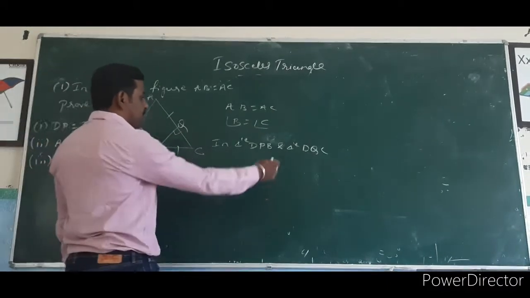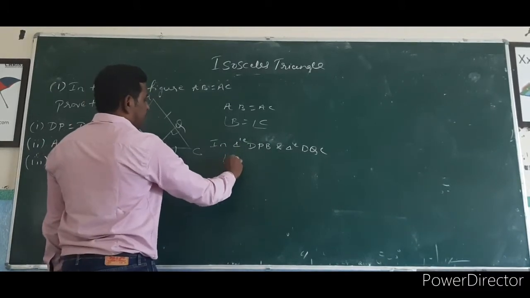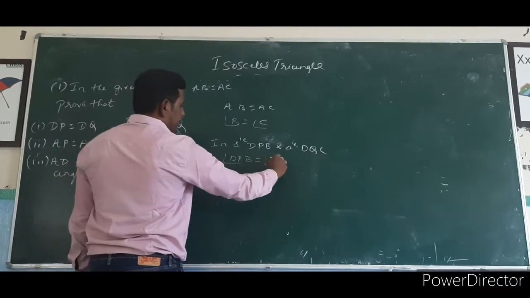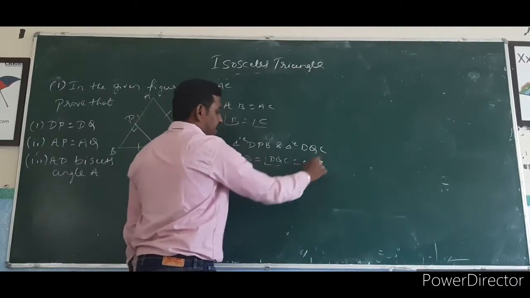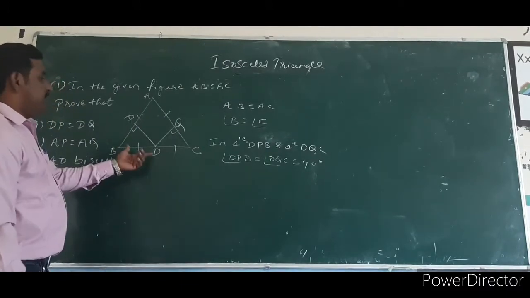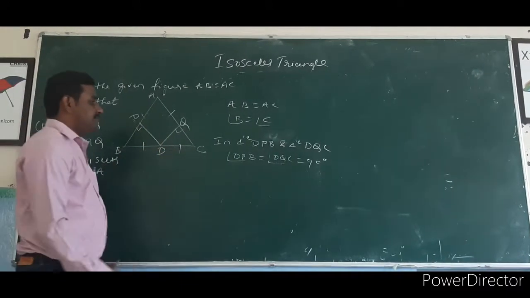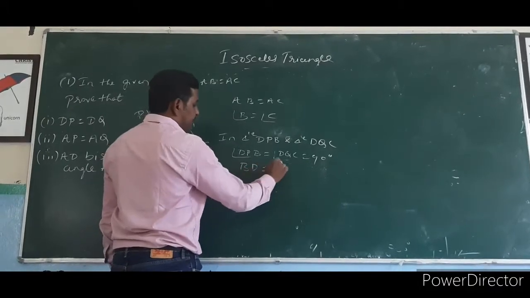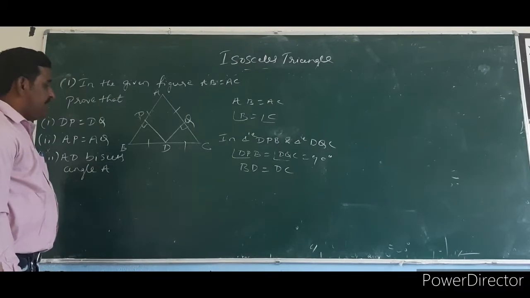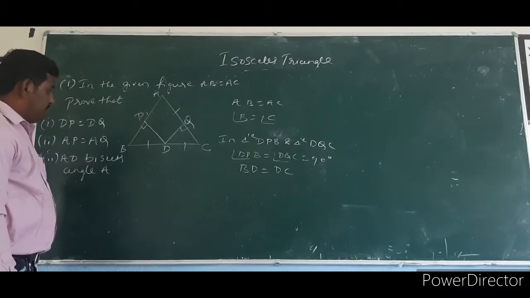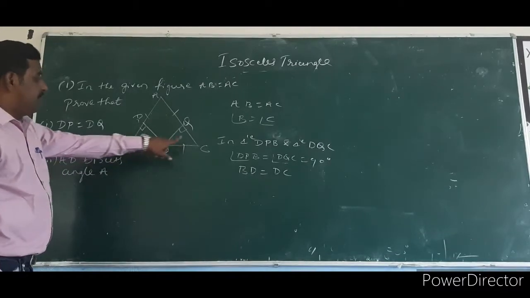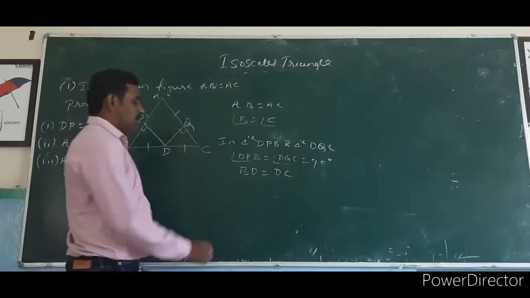Angle DPB is equal to angle DQC, they are given as 90 degrees. Next, BD is equal to DC, they are given. Then angle B is equal to angle C, which is already given.